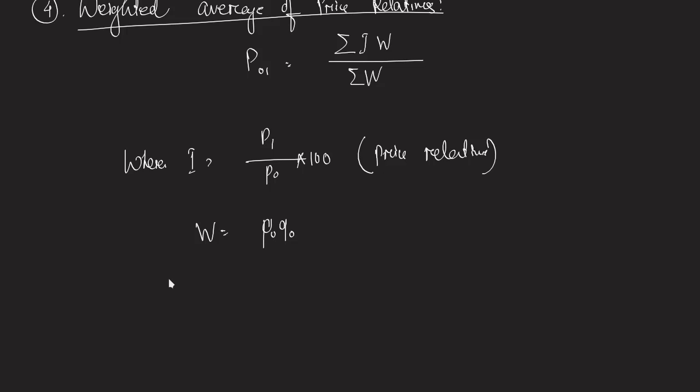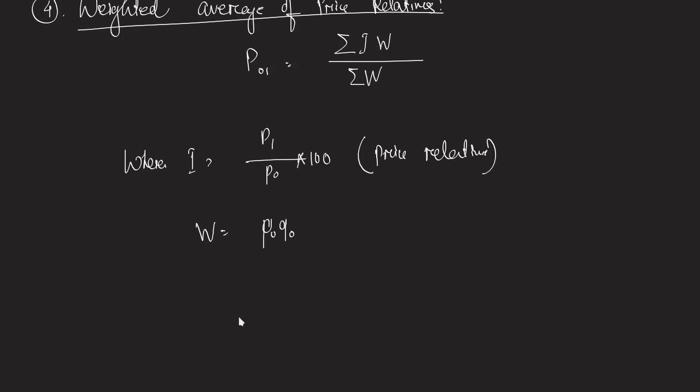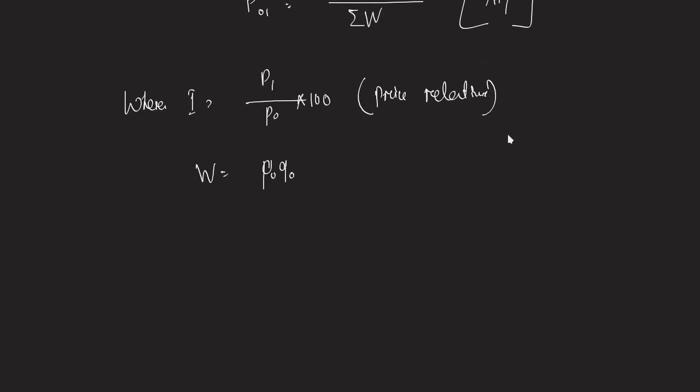So if you take the weighted average, this is using the arithmetic mean method.